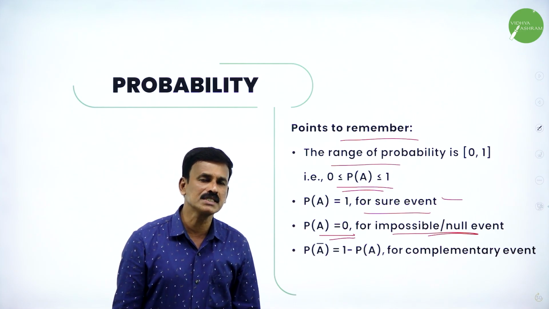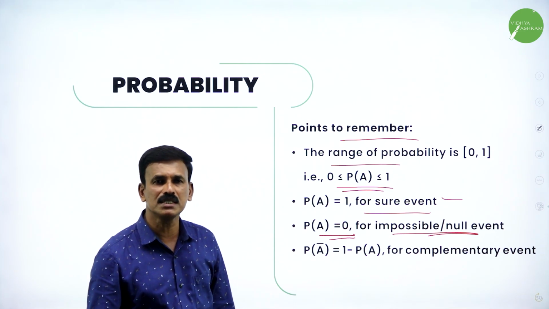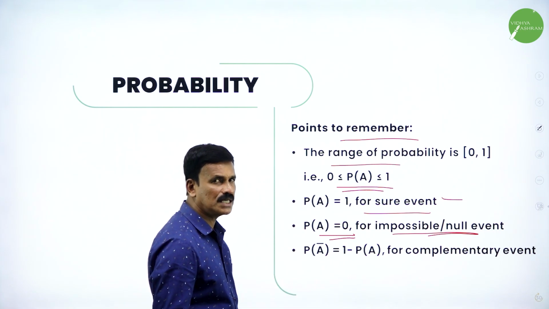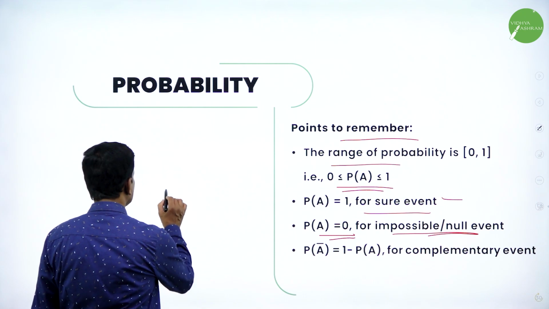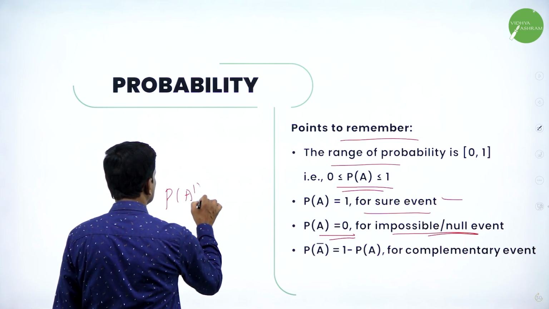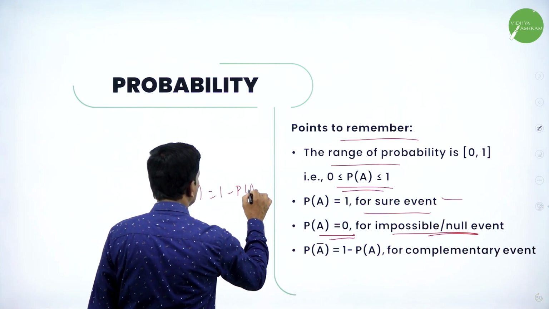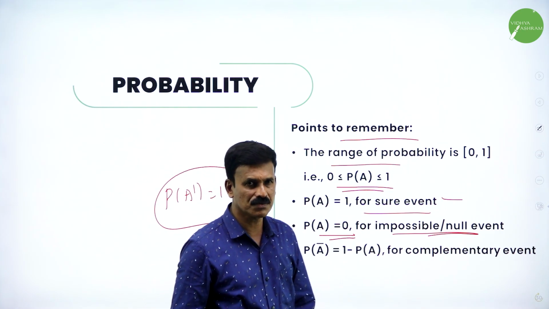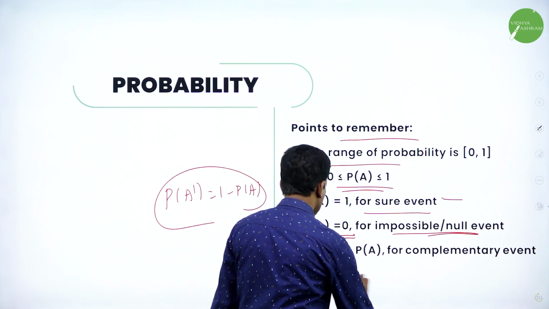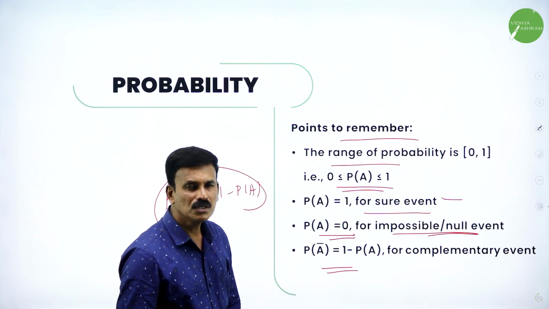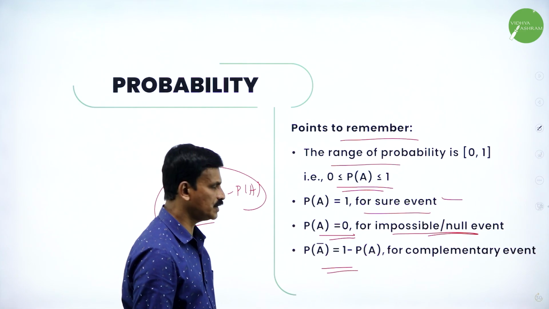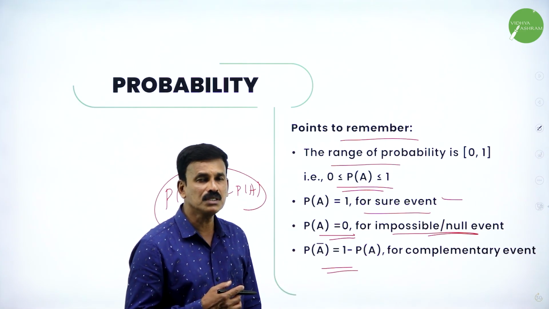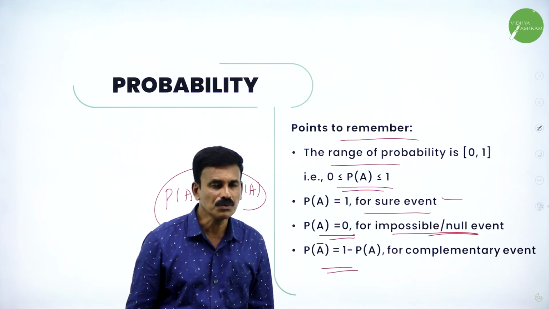For complementary events, the probability of A dash, the complement, is equal to 1 minus probability of A. That's it. These are a few important points to be remembered while solving problems.